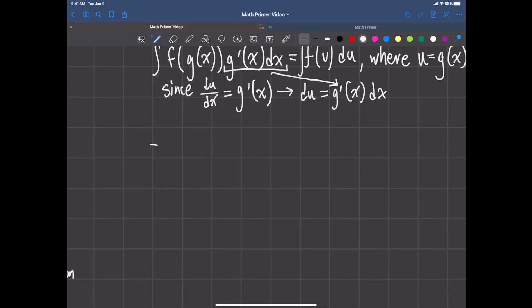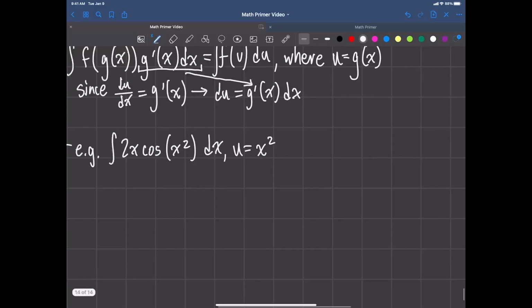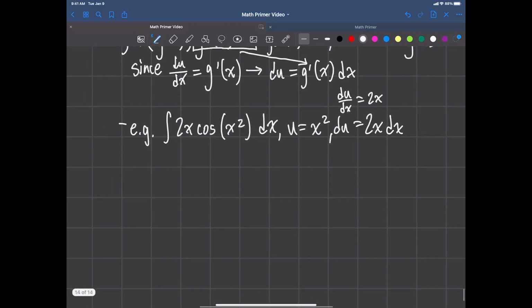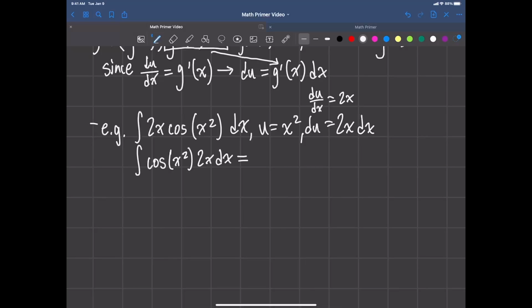For example, if you had the integral of 2x times cosine of x squared dx, then we set u to be x squared, du to be 2x dx, since du over dx is just 2x, and we carry over the dx, we multiply it on both sides. Then we get cosine of x squared times 2x dx, just moving around the terms so it's a bit more understandable.